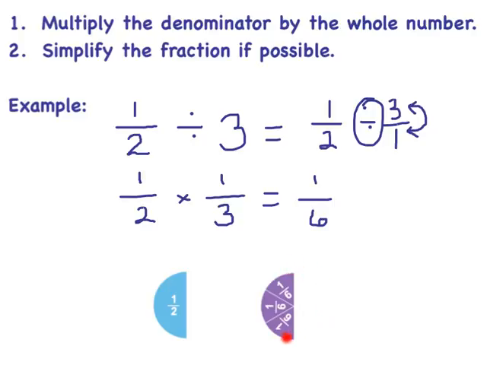So if I can imagine that over here, I would have 1, 2, 3. Here's my imaginary 4, 5, 6 slices. And then I would have 3 of them over here.